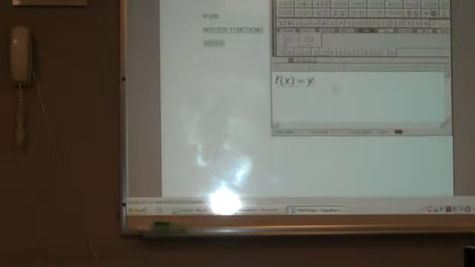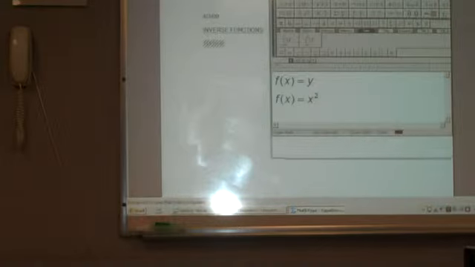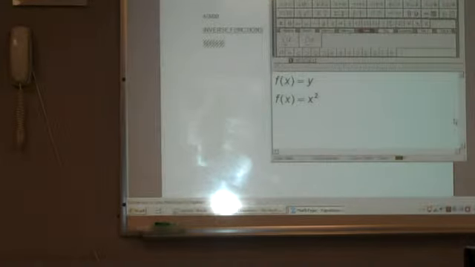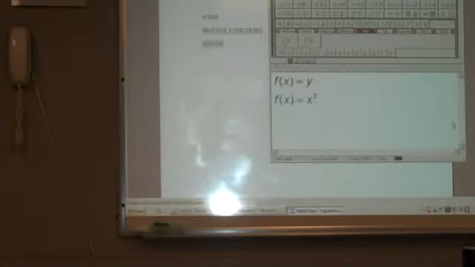If I have f of x equals x squared, what does that mean? That's a function. What is the graph? That's a parabola.